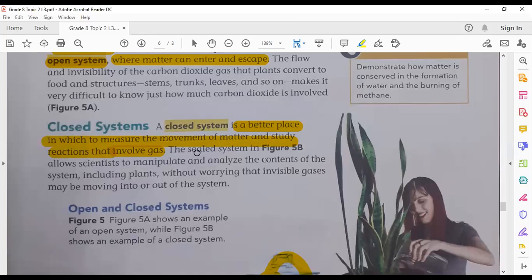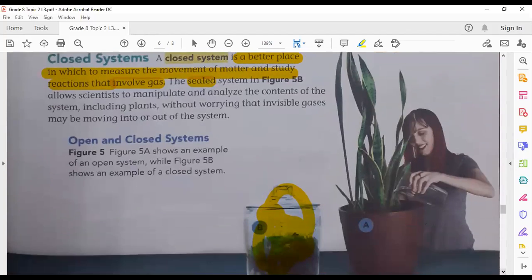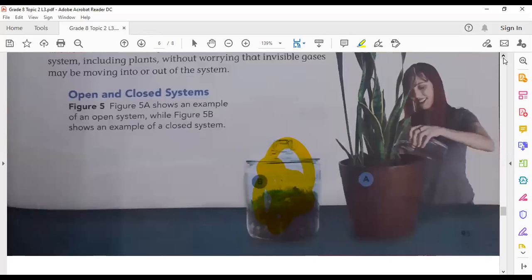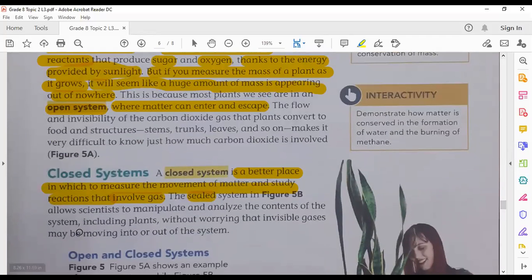The sealed system, sealed means closed, in figure 5b, this figure here, allows scientists to manipulate and analyze the contents of the system, including plants, without worrying that invisible gases may be moving into or out of the system. Is it clear?